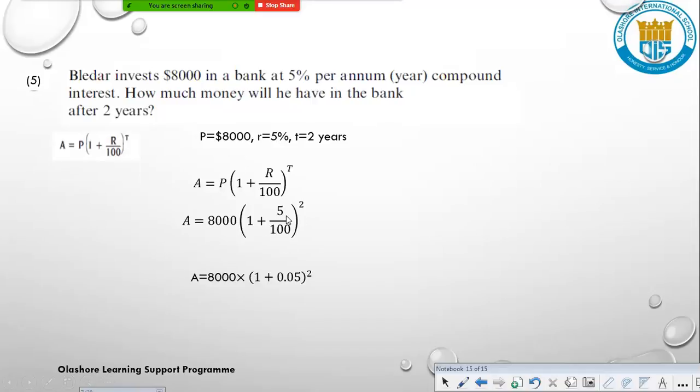First do 5 divided by 100, that's 0.05. Add it to 1, that will be 1.05. Then you square it. Square this value first, don't just multiply and then square. That will be 1.1025 times 8,000, which is 8,820. That marks the end of that question because we had to find the amount.